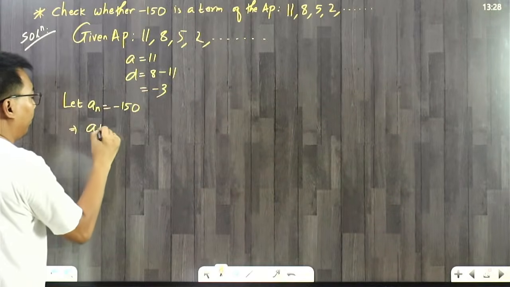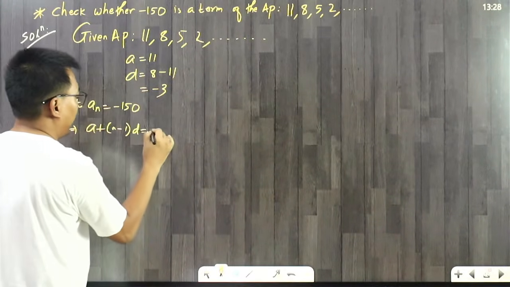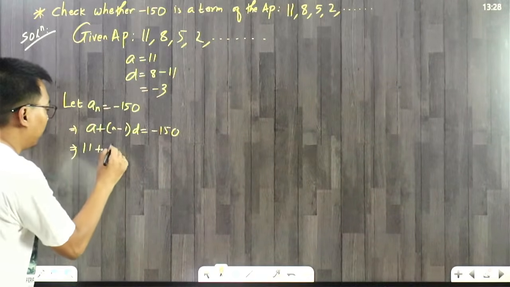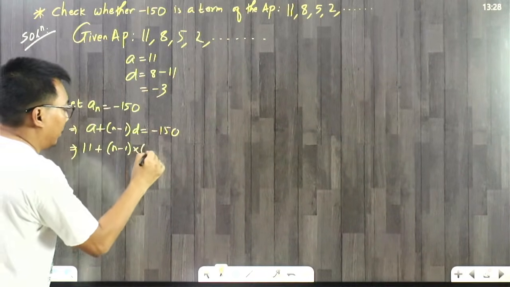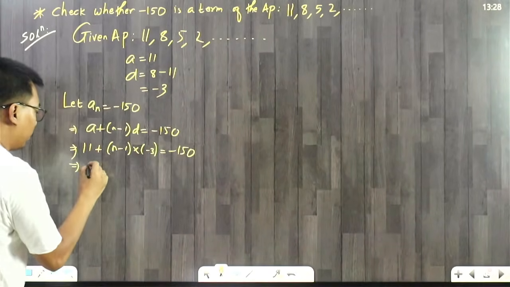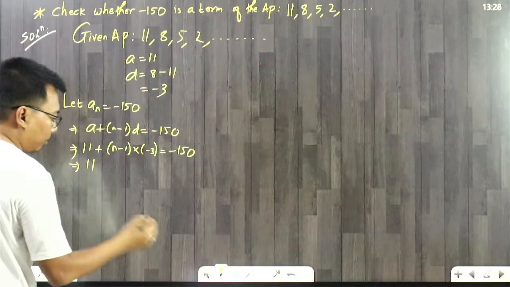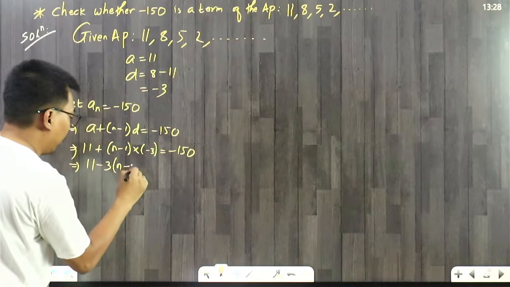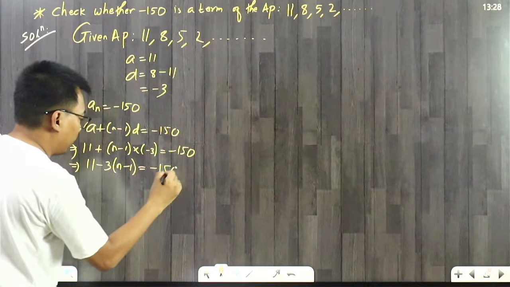Now, if we expand this, we get A plus (N minus 1) D equal to minus 150. A is 11, plus (N minus 1), D is minus 3, equal to minus 150. So, 11 minus 3 (N minus 1) equal to minus 150.